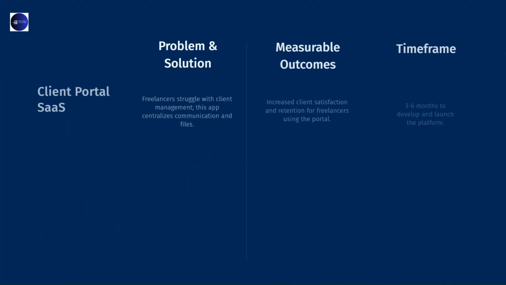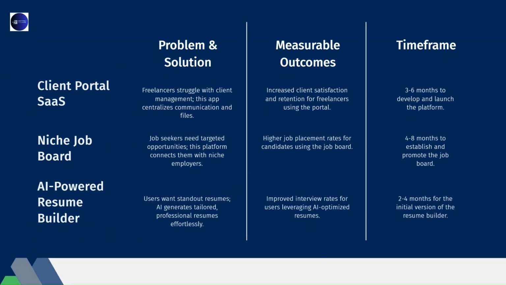All right. So in conclusion, within those five, we got three of them you can actually choose. We got this client portal software as a service, niche job board and the AI powered resume builder. So let's take problem and solution, measurable outcome and time frame.